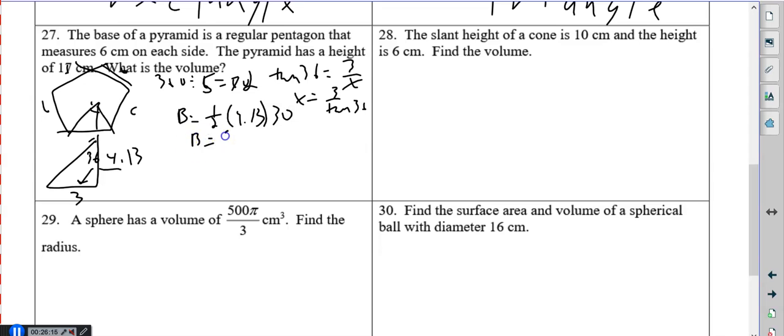So the area of the base is 61.95. The volume is 61.95 times the height, which we were given as 17, divided by 3. So that comes out to the grand total of 351.05 centimeters cubed.